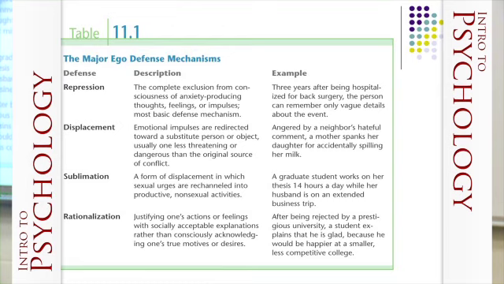Rationalization, justifying one's actions or feelings with socially acceptable explanations rather than consciously acknowledging one's true motives or desires. After being rejected by a prestigious university, a student explains that he is glad because he would be happier at the smaller, less competitive college. Instead of admitting that, shoot, I didn't make it to the university, like Harvard.